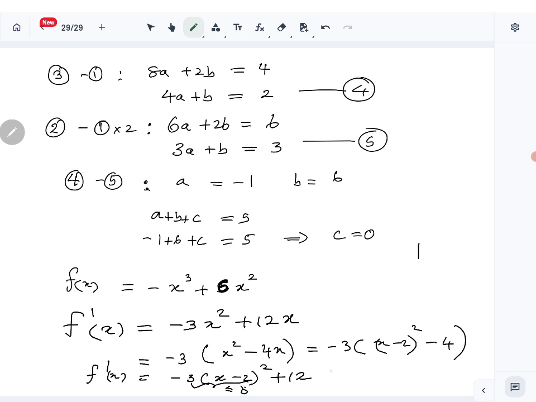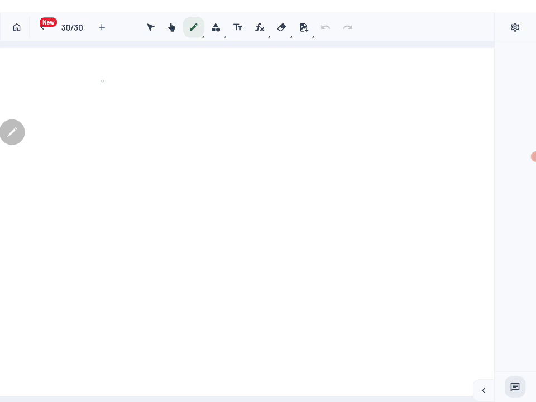So this is always less than or equal to 12. So the max of f dash x is 12, which is the maximum gradient. That is what we needed to show for the last part. So that is question number 11. Next we'll do question number 12, part A.